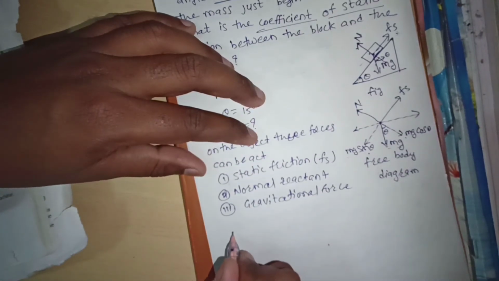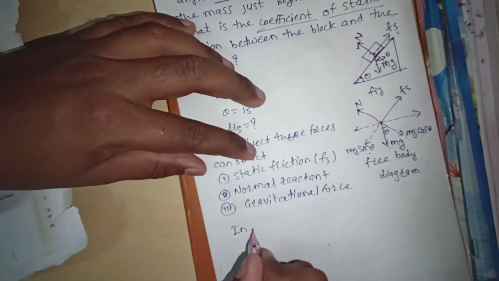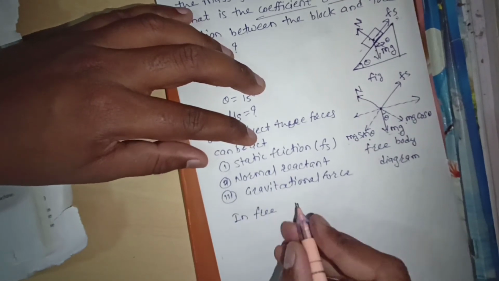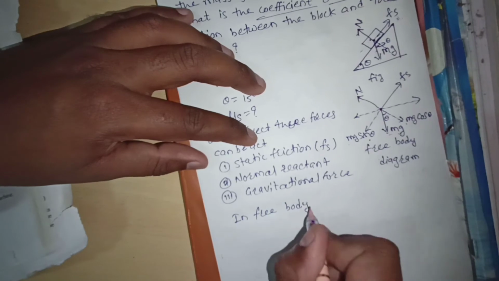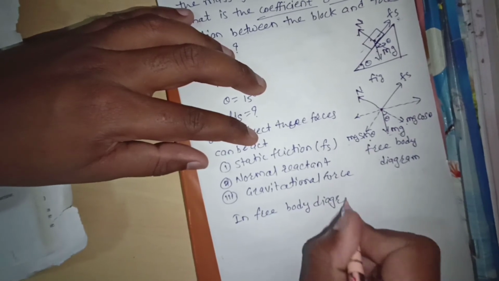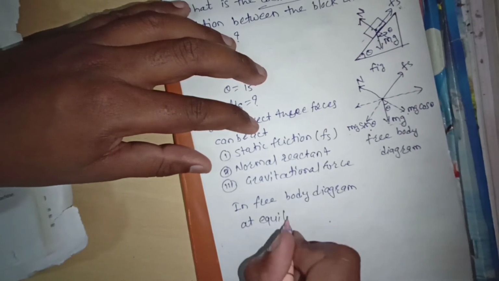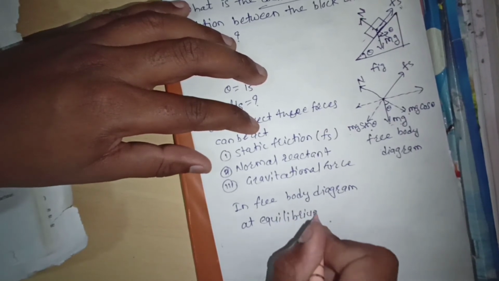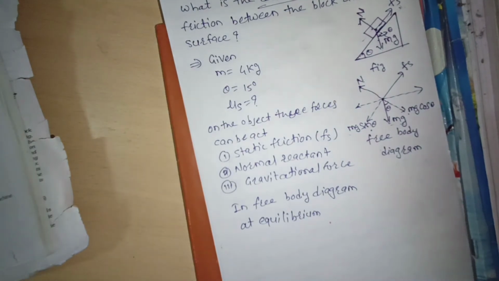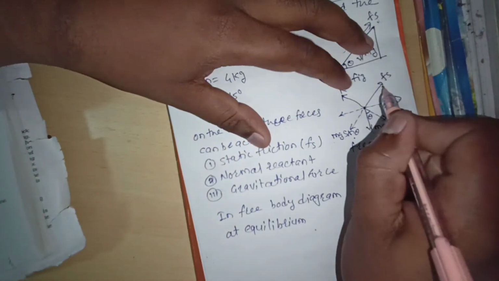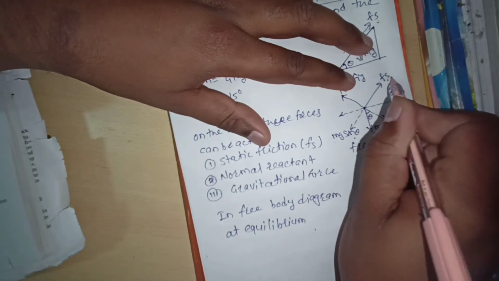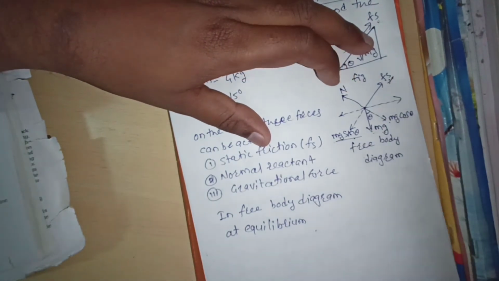Now in the free body diagram, at equilibrium, means when the body is in equilibrium, the forces on both sides are equal. The static friction is in this direction, therefore it equals the opposite direction force, mg sin theta.